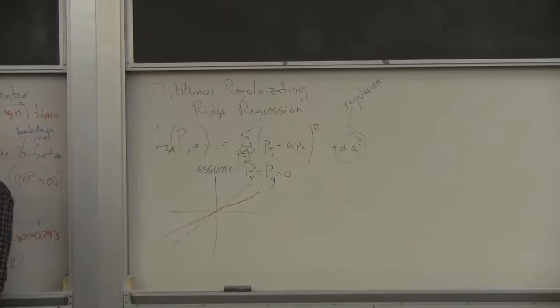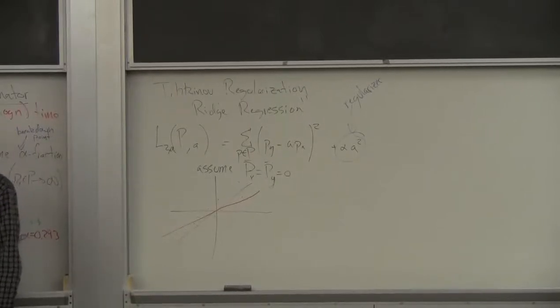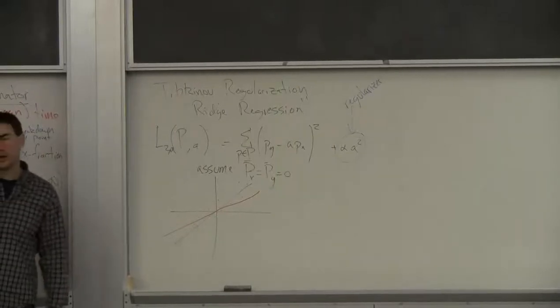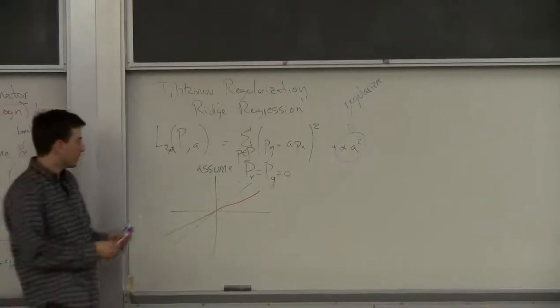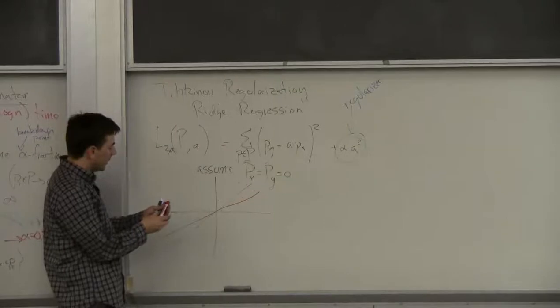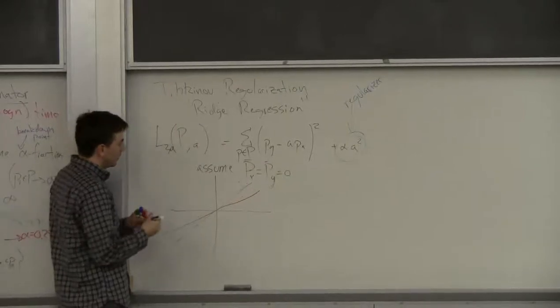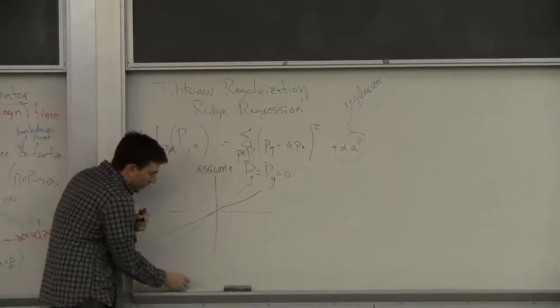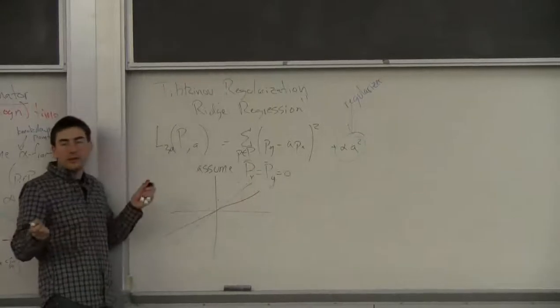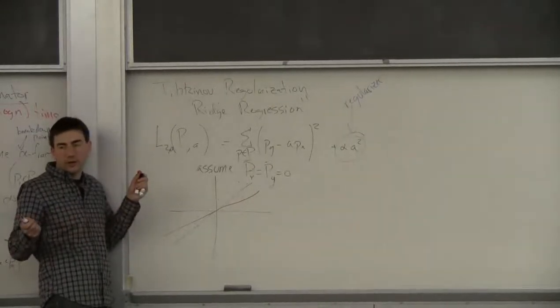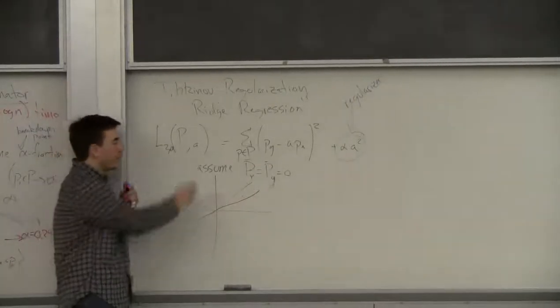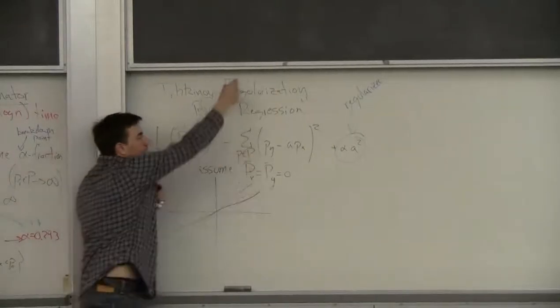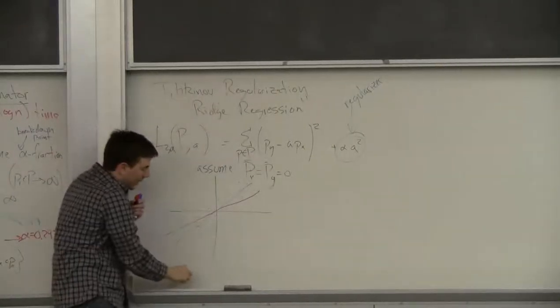And all the noise is in the y direction. So now if I have an outlier point, it's probably going to be really far. If it's an outlier, it's very different in the y direction. It's going to be way up here, or it's going to be way down here.